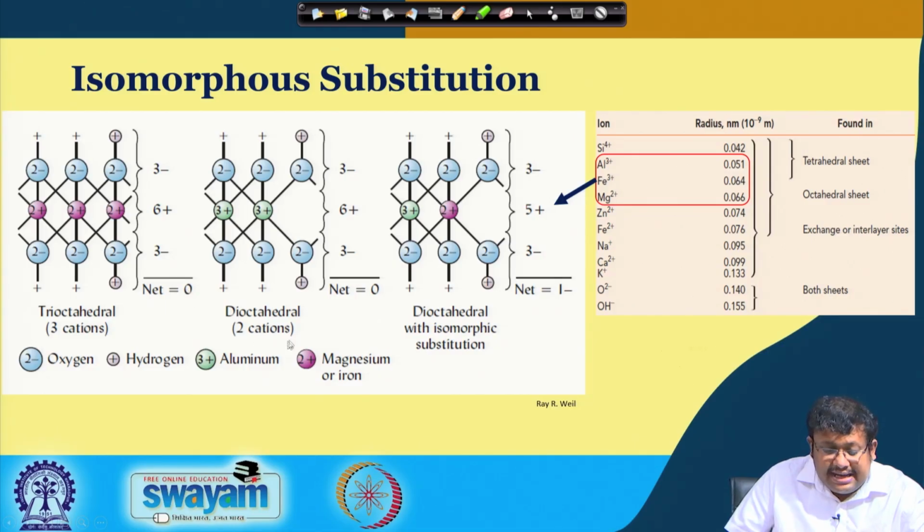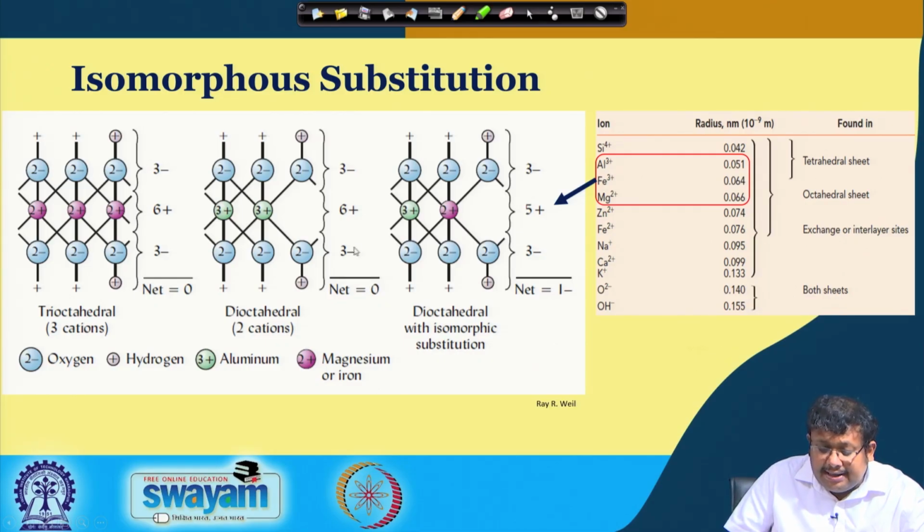Okay. In the case of dioctahedral, obviously, as you know, 2 out of 3 positions are filled by aluminum. So, as you can see here 3 plus and here, so 6 plus and 3 minus. So, 2 aluminum will be required to satisfy the charge to get a net charge of 0.